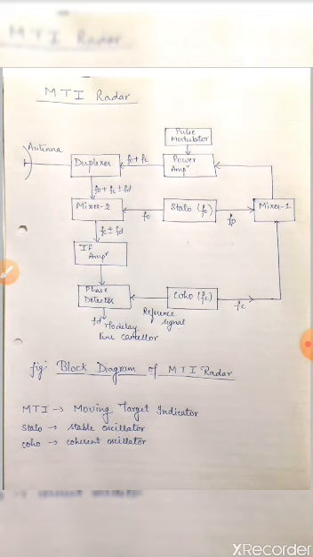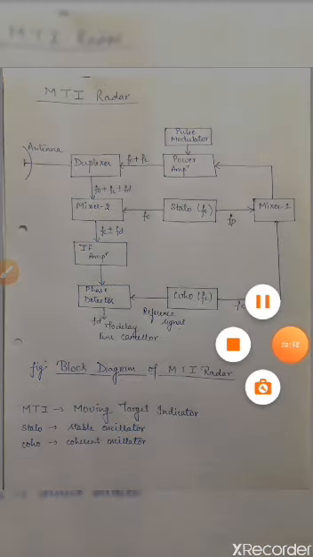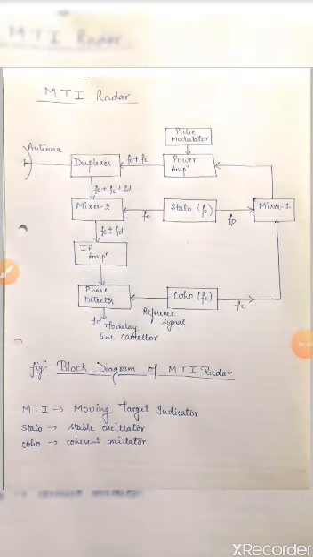Now come to the working of the MTI radar. How does the MTI radar work? In a typical MTI system, the transmitter frequency is the sum of two oscillators, that is the stalo and the coho. The first is the stalo and the second one is the coho.